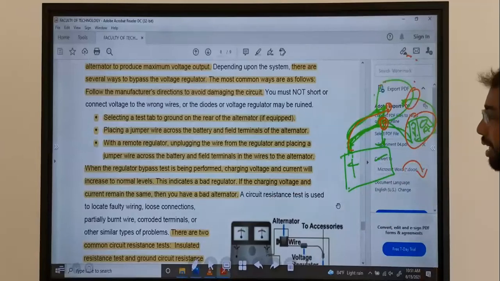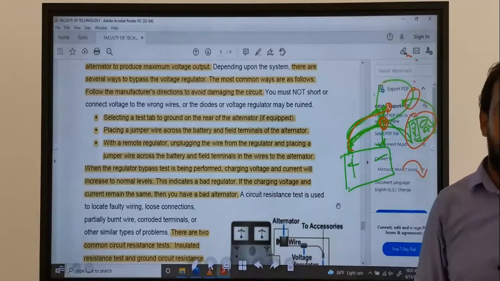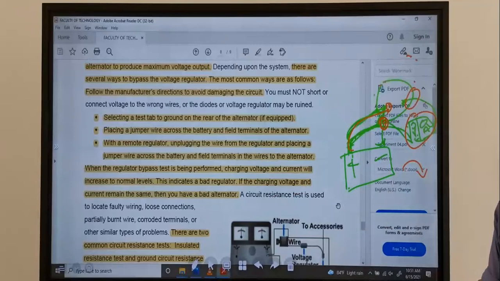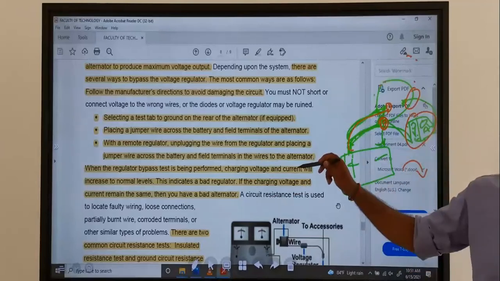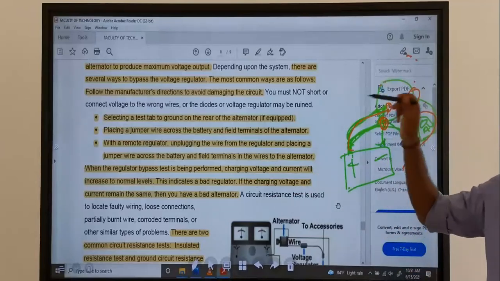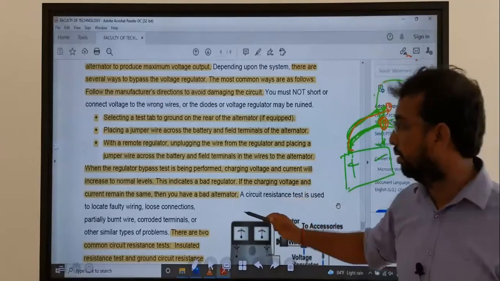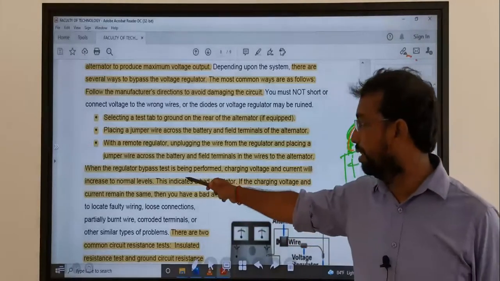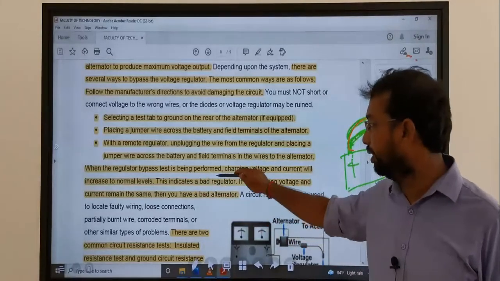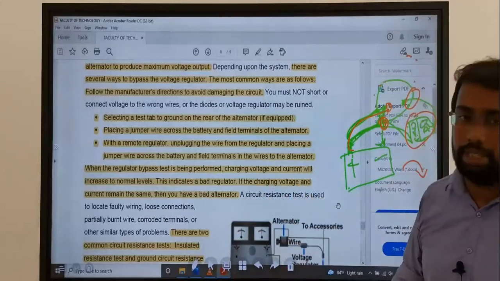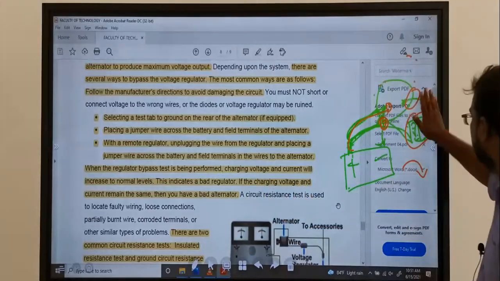Inside of this there is no difference in the induced current. So that is a fault of the alternator, the rotor or stator, whatever, but not the regulator. The first case is a fault in the regulator, but the second is not the regulator, it's a bad alternator.